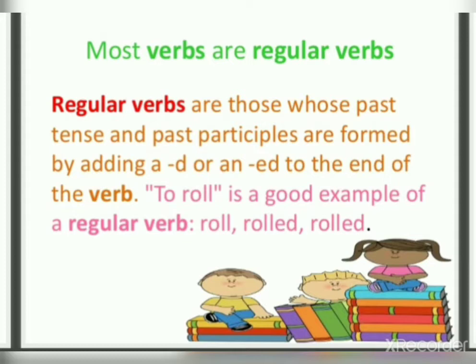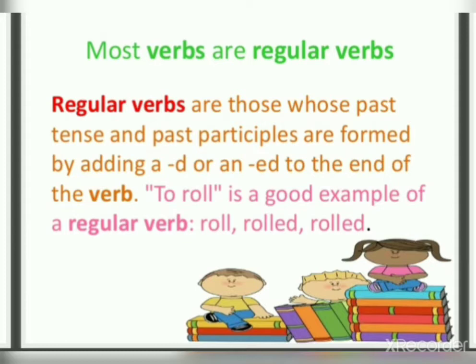Regular verbs are those whose past tense and past participle are formed by adding d or ed to the end of the verb. For example, roll is a good example of a regular verb. Roll, rolled, rolled. Play, played, played. Jump, jumped, jumped. Walk, walked, walked.